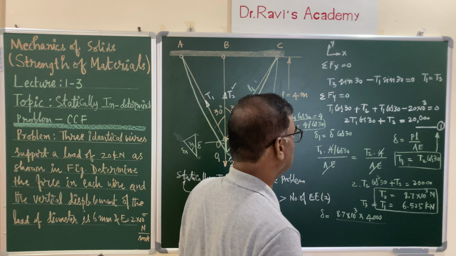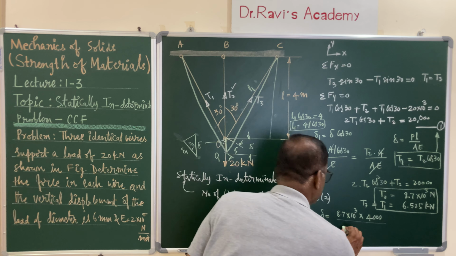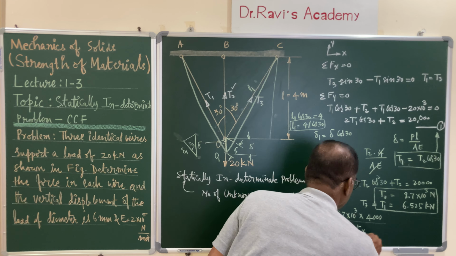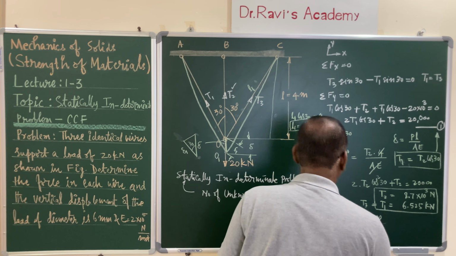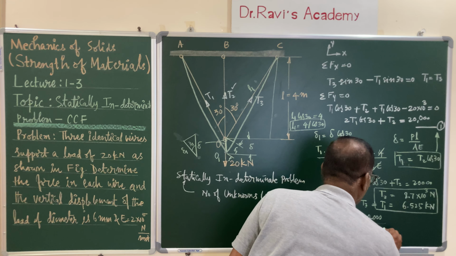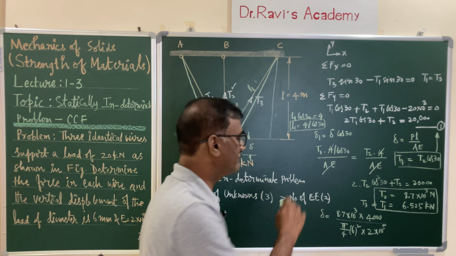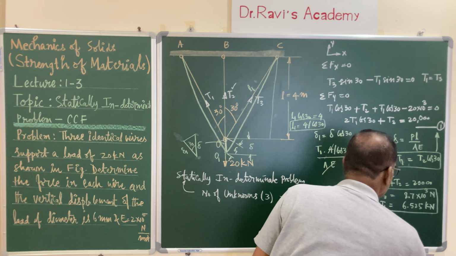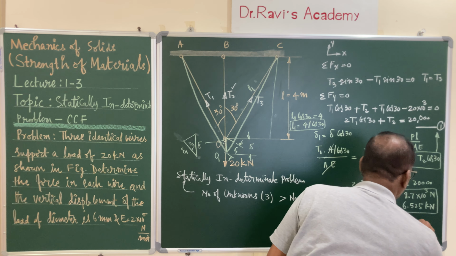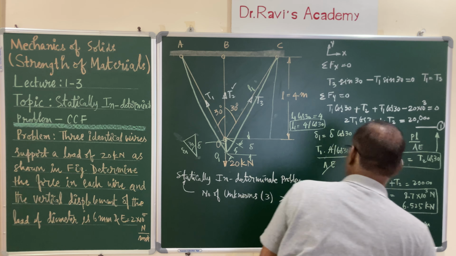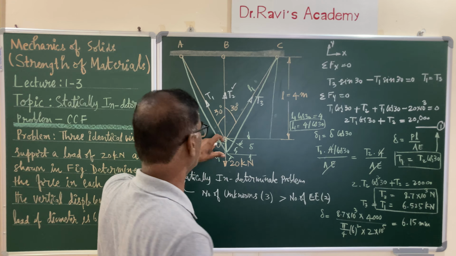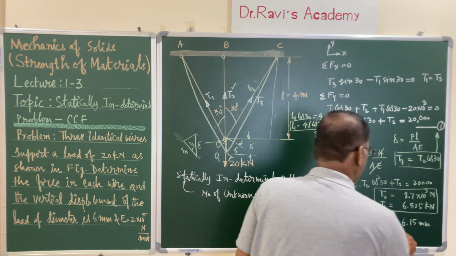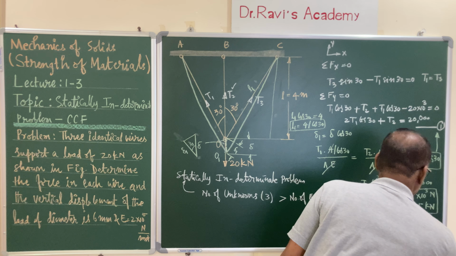A, the cross-section area, is pi by 4 d square, where d is 6 mm, and Young's modulus is given as 2 into 10 to the power 5 Newton per mm square. So you have consistency in the dimensions. Now you are going to get 6.15 mm. So the vertical displacement of the load is 6.15 mm.